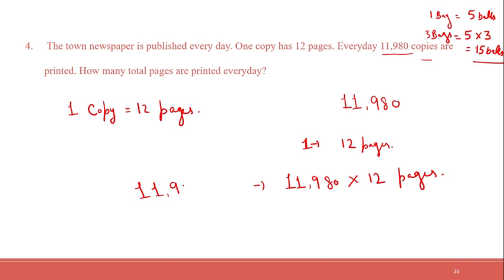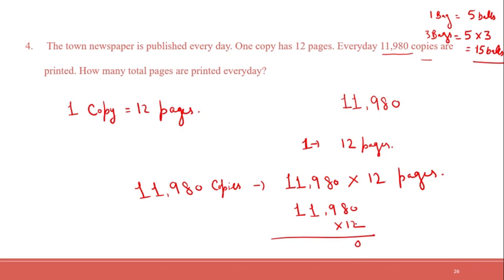11,980 copies will have 11,980 into 12 pages. So just multiply it. How will you multiply it? Into 12, right? This is the way of multiplying it.